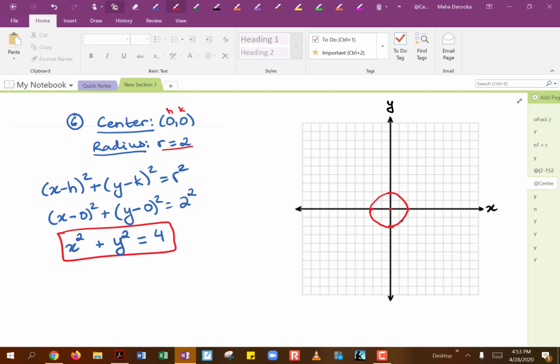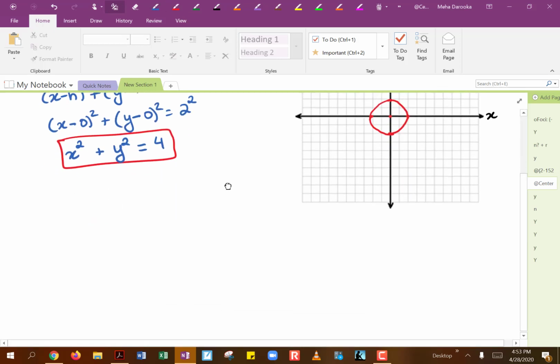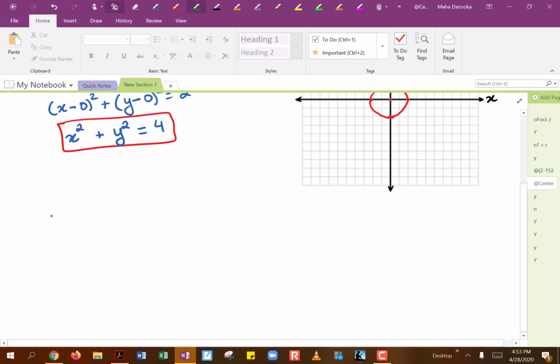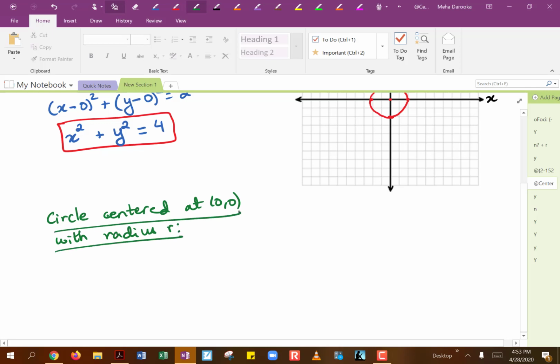Now, something just to make note of, anytime you have a circle centered at 0, 0, and you should remember this from chapter 1, with radius r, the general equation for a circle with center at 0, 0 is just going to be x squared plus y squared equals r squared.